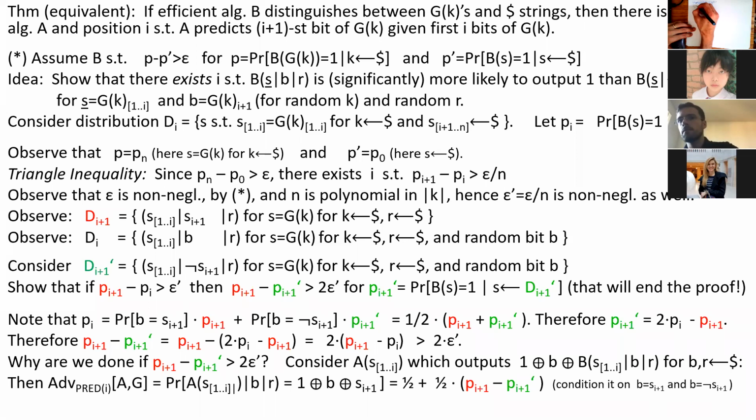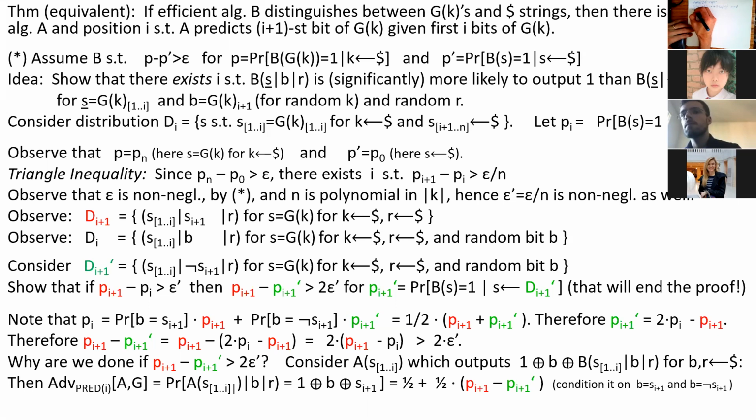A on the first i bits outputs 1 XOR b XOR capital B of the first i bits, and then b and then random, where b and r are all random. Okay, and so that's what the reduction does.